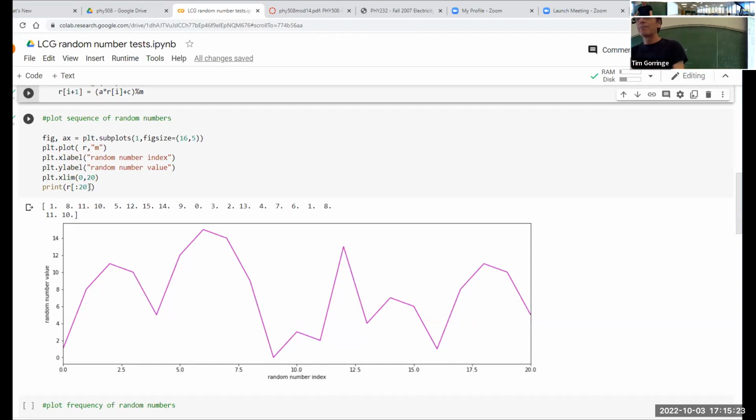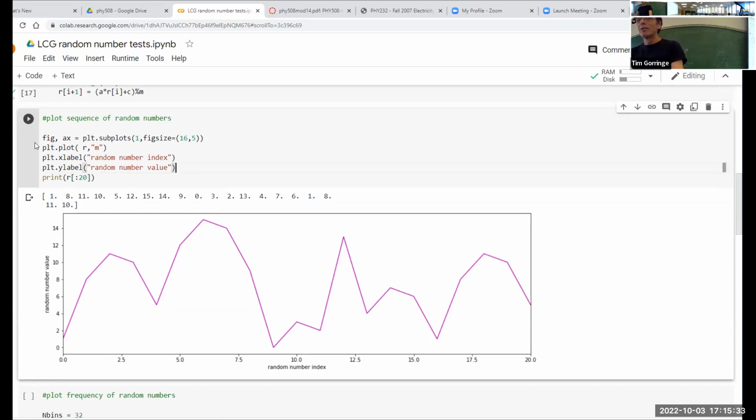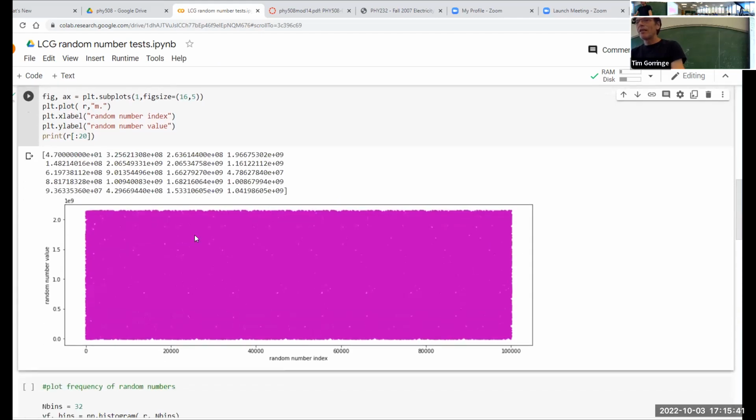If I just remove this and plot points, here is the corresponding plot.